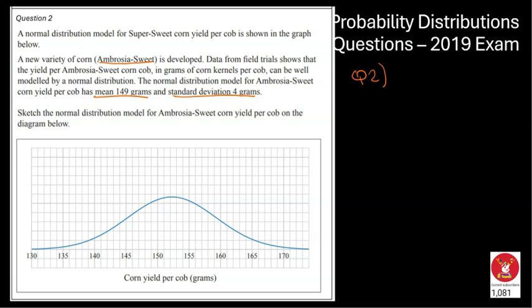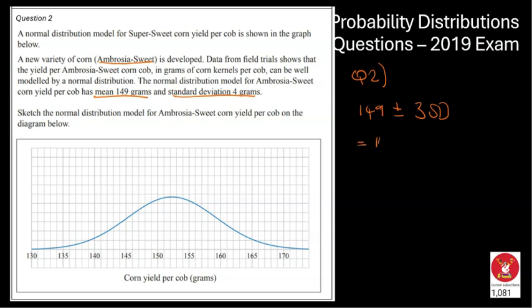The first thing I always do for these drawing graphs is I try to figure out the width of the graph. If you've got your 149 grams, and this is a rule of thumb, if you go plus or minus 3 lots of the standard deviation, that's going to get you to almost all of the data.